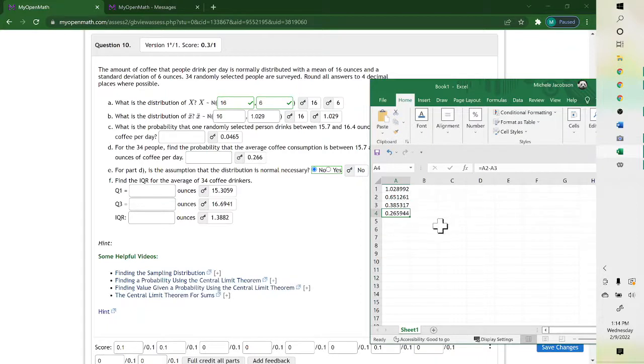And it subtracted already, and here's our answer, 0.266. What I did was I just clicked on here and changed my 6 to 1.029 on both of them, and this one is still subtracted after I changed my values.